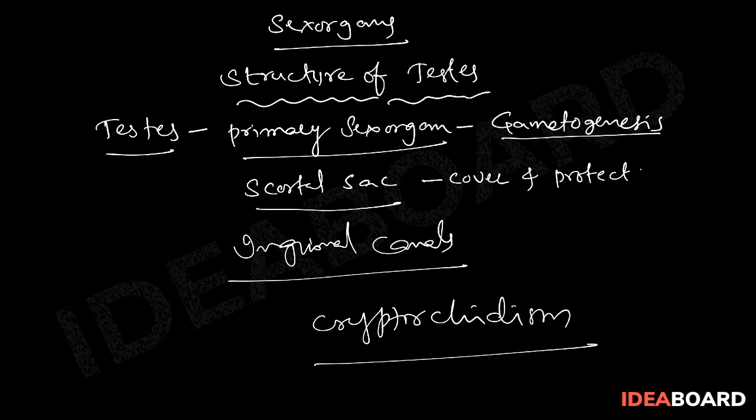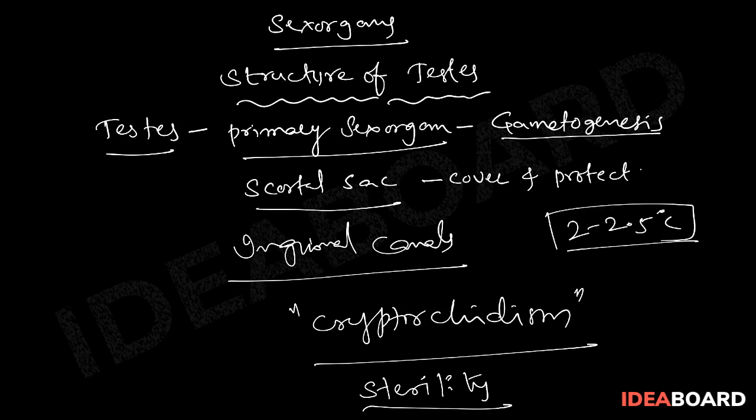So if either both testes or one testis fail to descend into the scrotum, such a phenomenon is called cryptorchidism. This cryptorchidism leads to sterility, because the scrotum is useful to maintain a lower temperature, around 2 to 2.5 degrees less than the normal body temperature of 37 degrees.